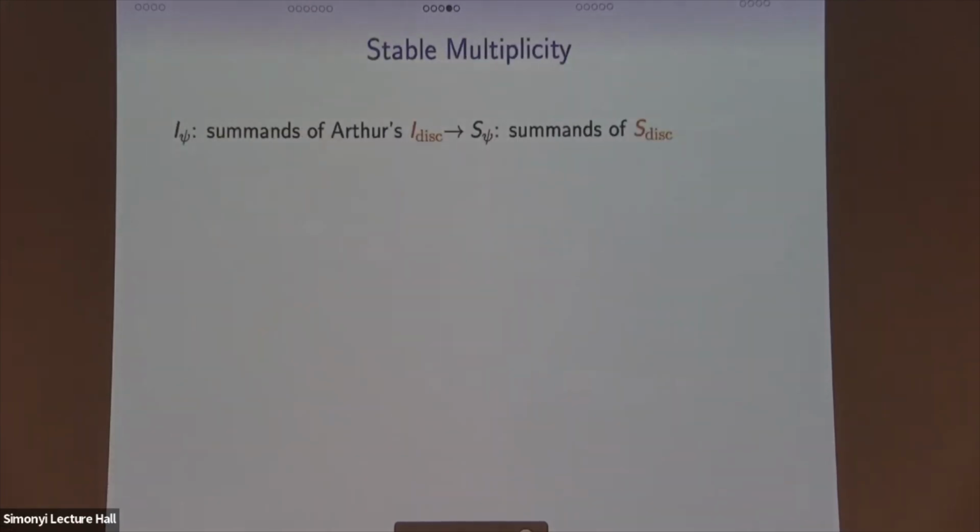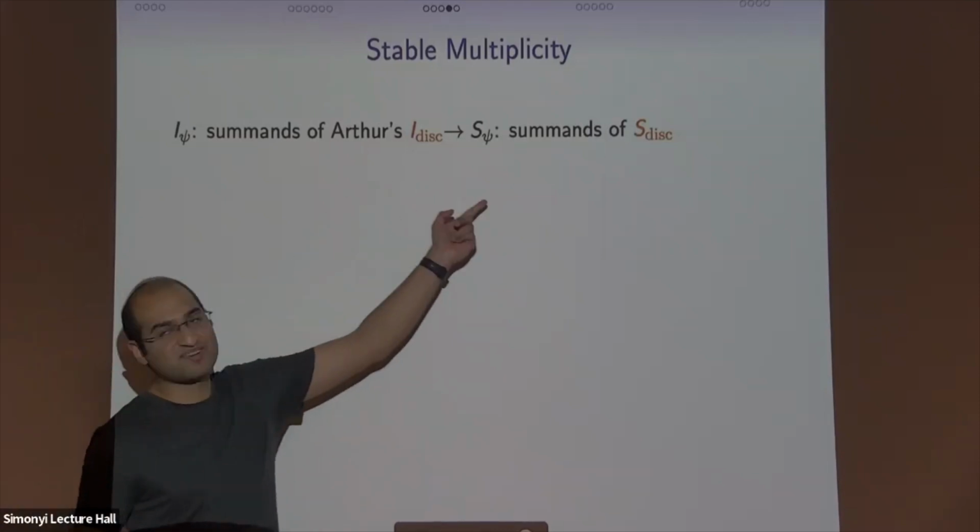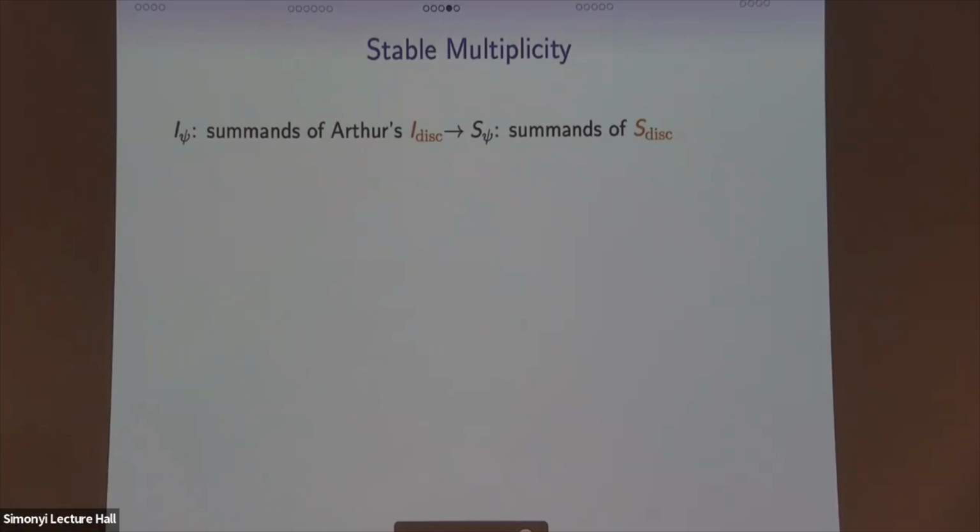We need two more pieces from Arthur's classification. We need to talk about the stable multiplicity formula. These I_psi's, I defined them before, are originally defined as pieces of the discrete part of Arthur's invariant trace formula. There's also a stable trace formula that Arthur defined, with a discrete part, and we get S_psi's that are summands of the discrete part of the stable trace formula.